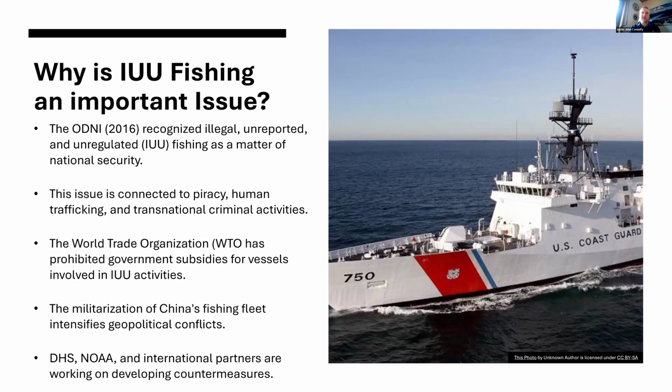So by looking at IUU fishing issues, we're able to use the same methods, or by identifying specific vessels that are conducting IUU fishing, they're likely to be involved in other illicit activities as well.